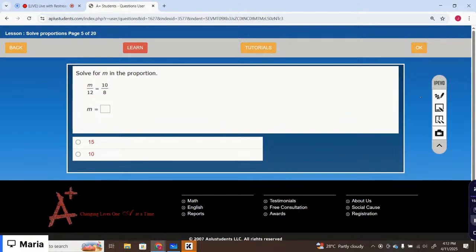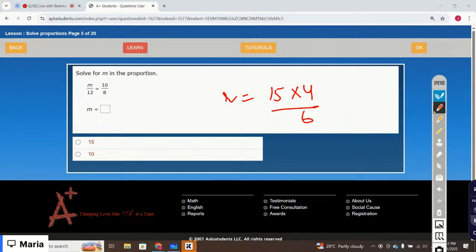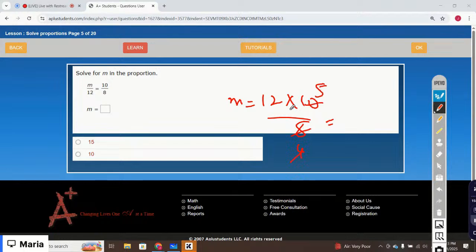Solve for m in the proportion. So m equals 12 times 10 over 8. 12 times 2 times 4 is 8, 2 times 5 is 10, 4 times 3 is 2.